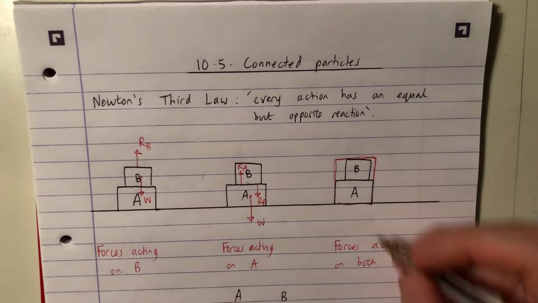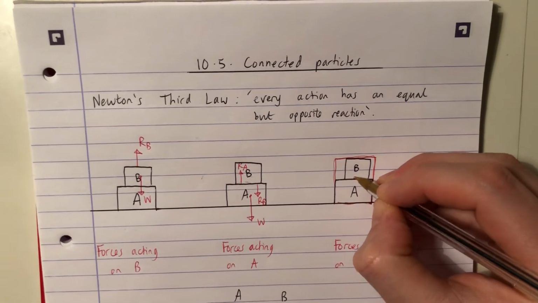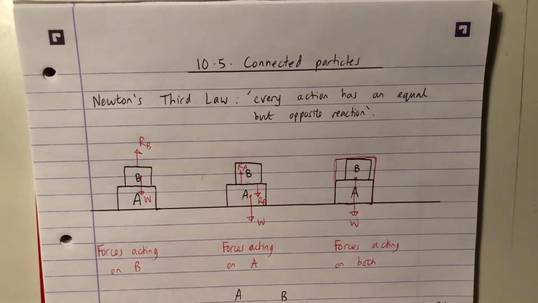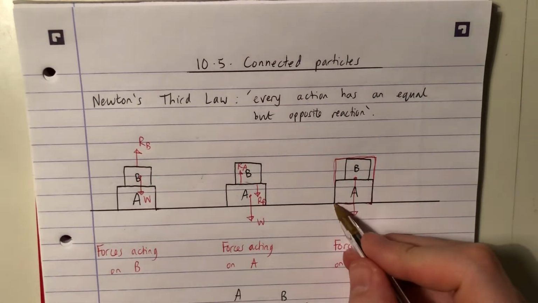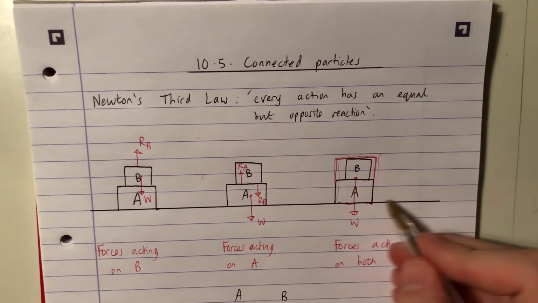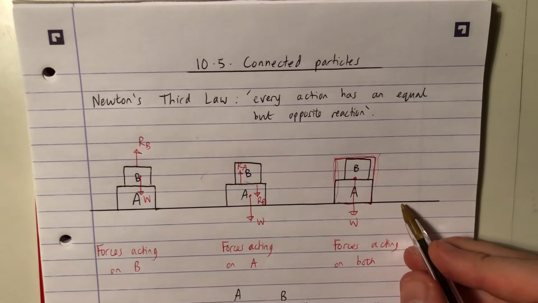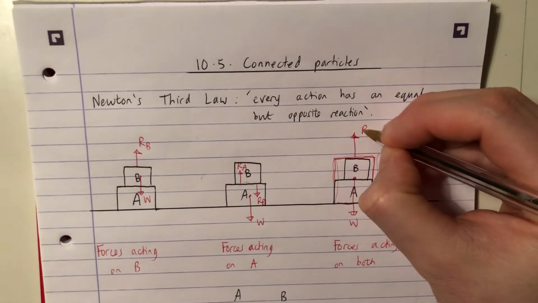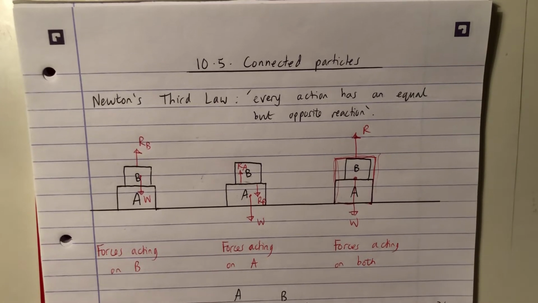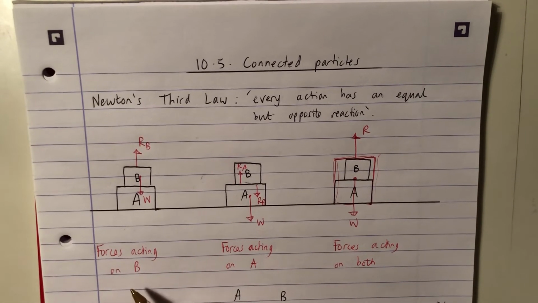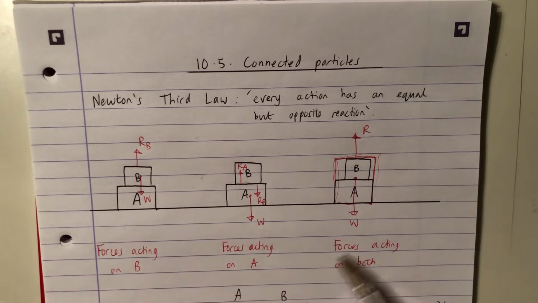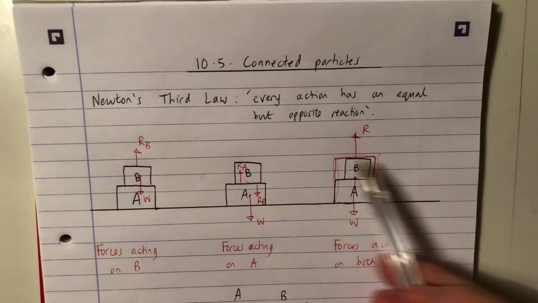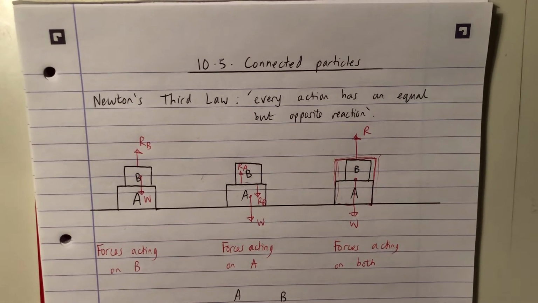Well, you'd have the object's weight, which would be these two added together, and then this single object is in contact with the ground, so there'll be a reaction force there. Call that R. So those are the three different options, depending on whether you're thinking about forces acting on B, A, or you treat it as one big object. And we're going to need that in the next couple of lessons.